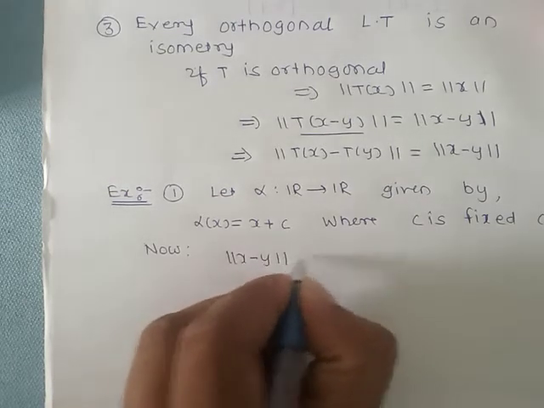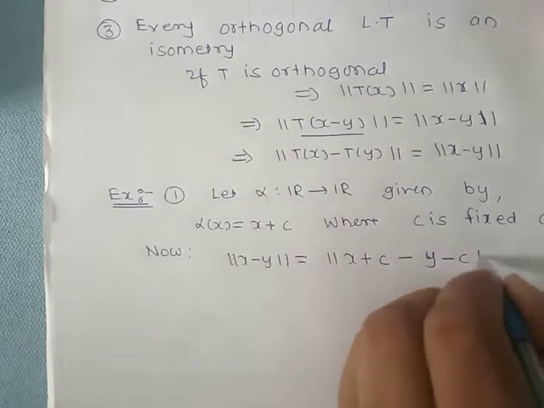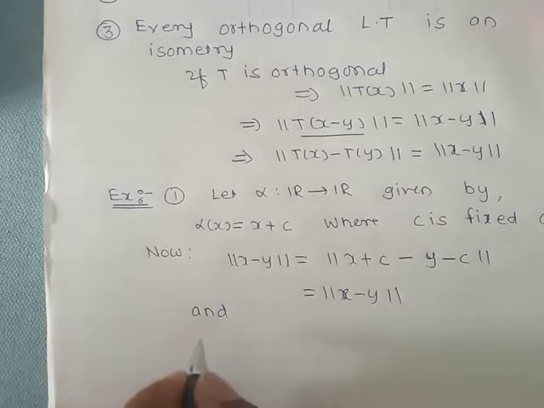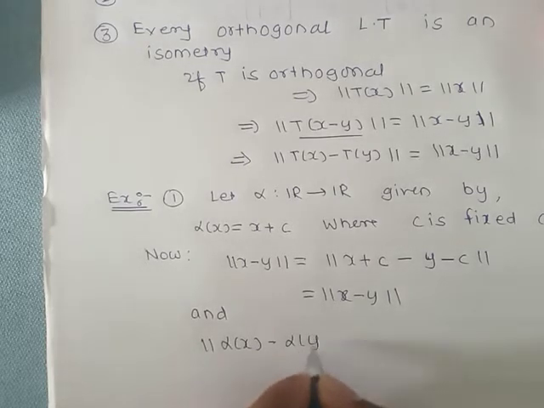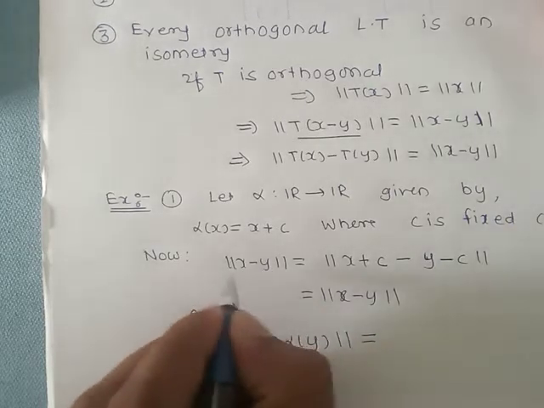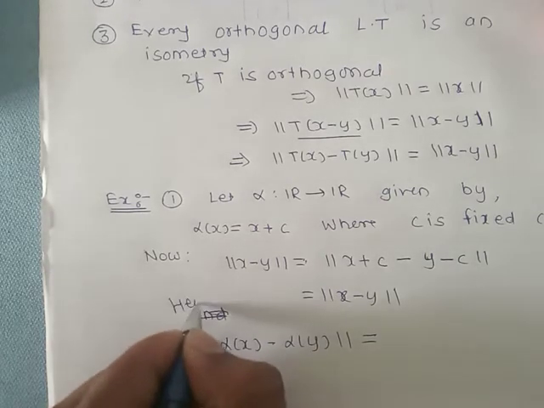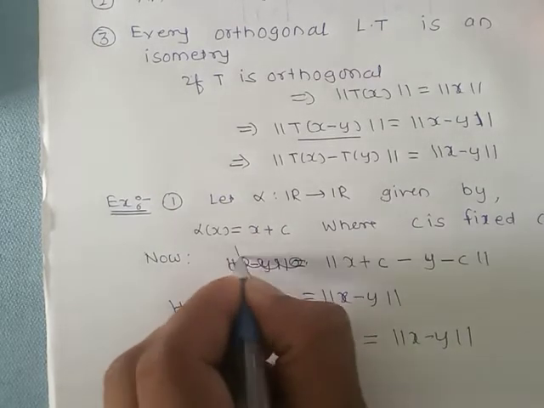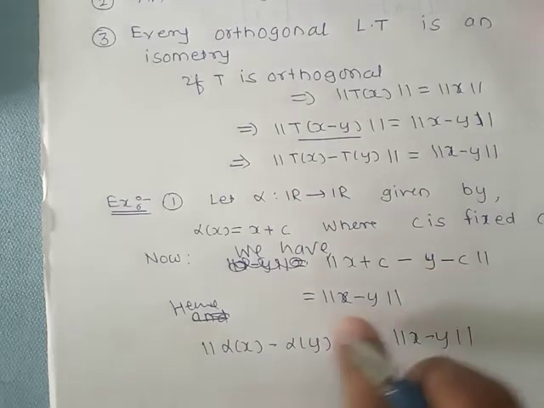Norm of x minus y; and norm of alpha x minus alpha y is equal to norm of x plus c minus y minus c, which is nothing but norm of x minus y.